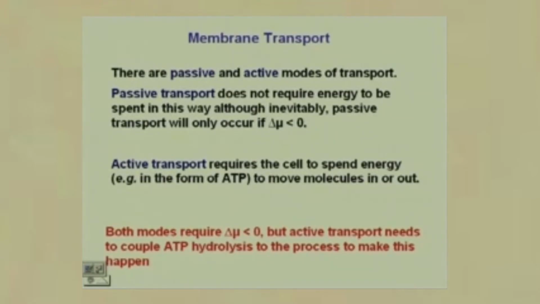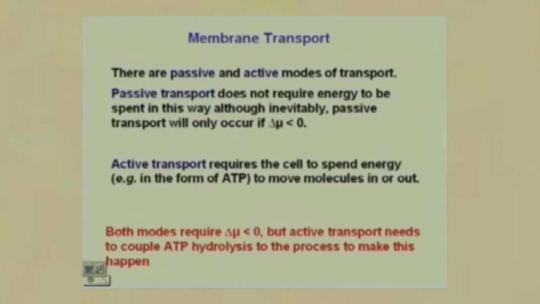It is beautiful in the way that there are two reactions that are always coupled together, where one reaction needs the energy and ATP supplies that energy. It is not that ATP will just break up to provide the energy if it is not required. So, essentially for both cases, you understand that this delta mu, that is the free energy change, has to be less than 0, because it has to be a process where the spontaneous transport of the solute molecules is going to occur.